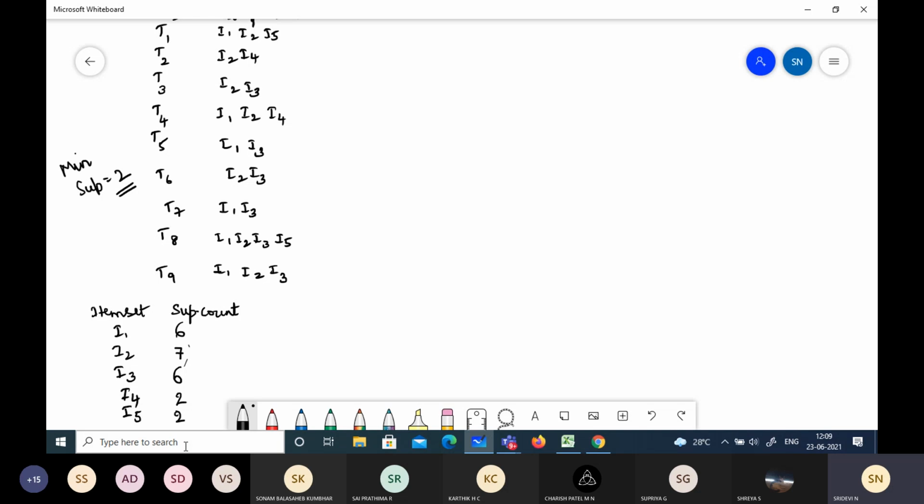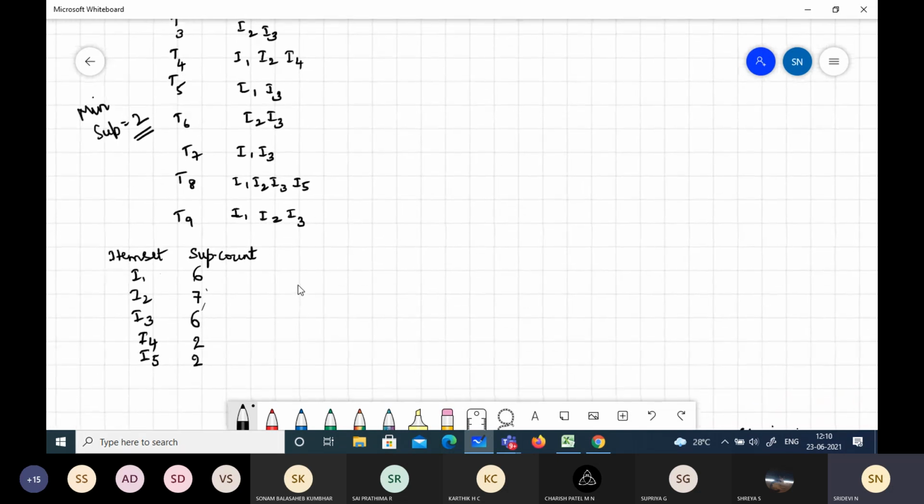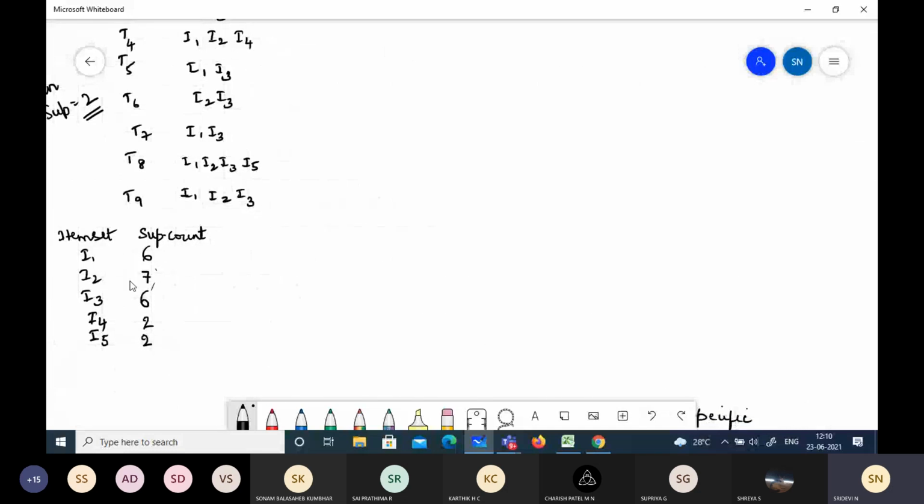Right? Now, the next thing we have to do in the FP growth algorithm is arrange these items in the descending order of their support count. If we do that, item set and support count, which one comes first?